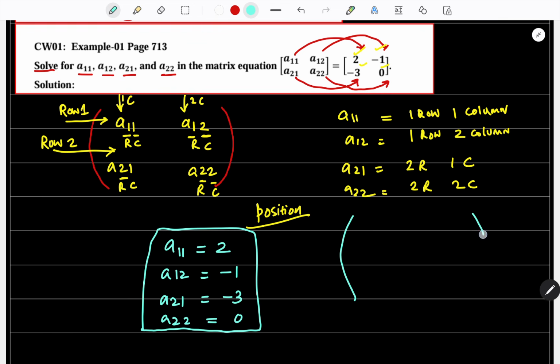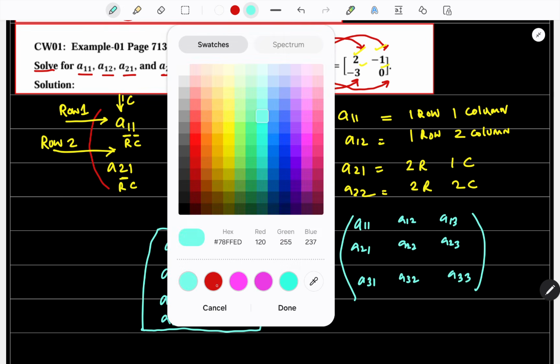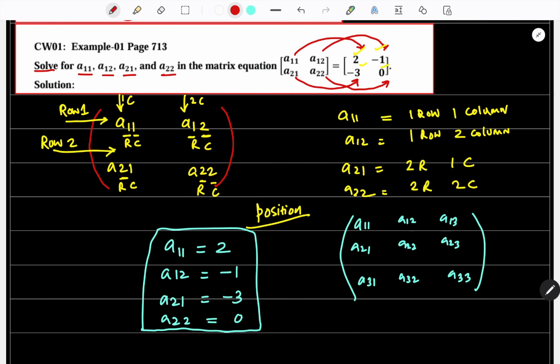A31, A32, A33. This is A11, this is A12, this is A13. A21, this is A22, this is A23. This is A31, this is A32, this is A33. For a 3 by 3 matrix, you have to remember this. This is third row, first column. Third row, second column. Third row, third column. Look here.